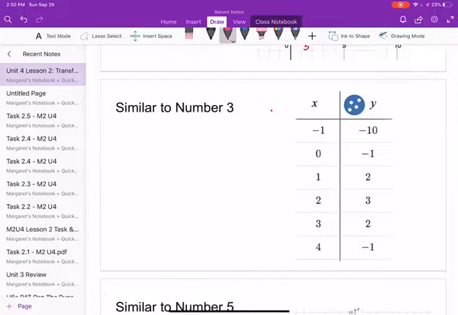This one looks like your number 3. So we're looking at a table instead of a graph, and it's similar to your homework from last night. We know the quadratic functions are symmetrical, so if we look for the point around which the table is symmetrical, we will find the vertex. You'll see that we have equal numbers here, equal numbers here, and so our vertex point around which the table is symmetrical is (2, 3).